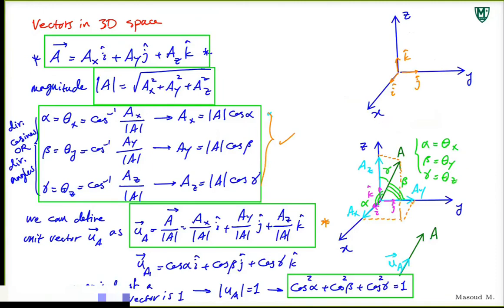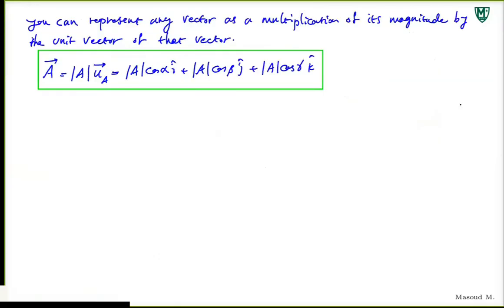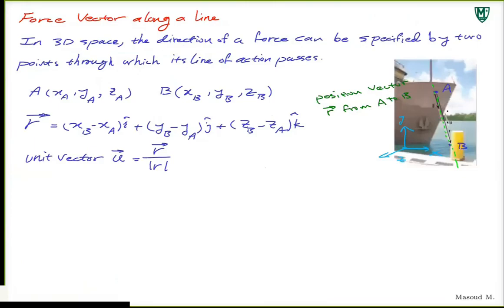Remember, this is what we talked about when we introduced the unit vector: the vector divided by the magnitude of the vector. And that's what we're doing here. I'm defining the unit vector along force F going from A to B by just dividing the vector R, representing this direction, by the magnitude of the vector R. So if you do that, here is what you get.